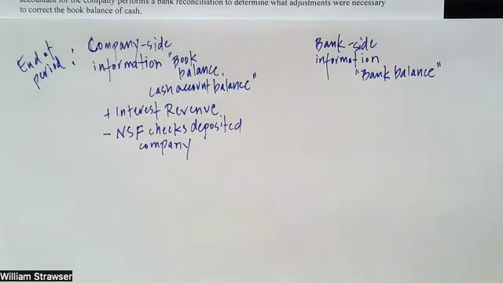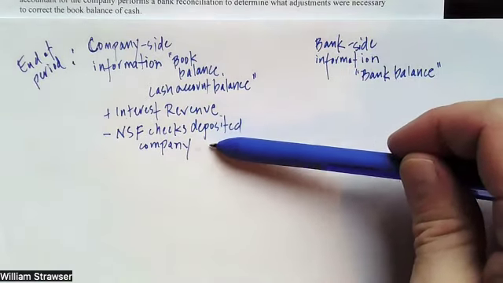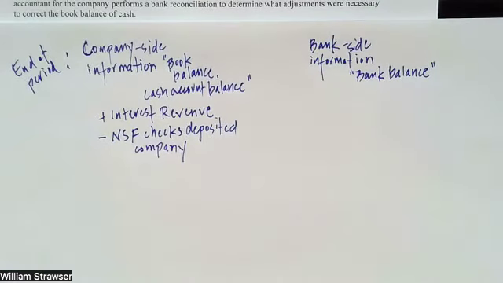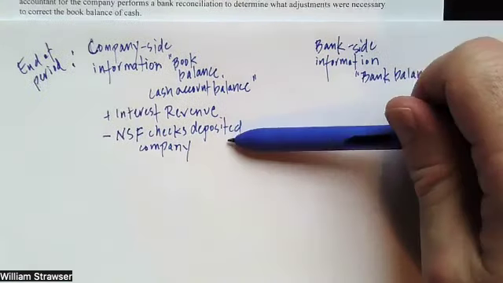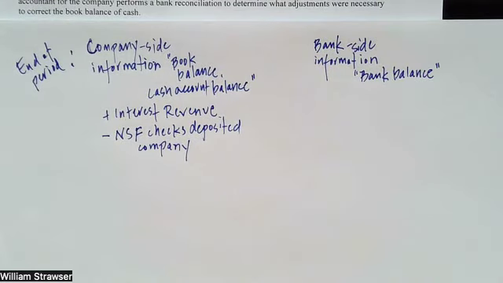The bank contacts the bank of the person who wrote the check, tries to draw on that check writer's balance and can't. Well, then our bank will tell us, hey, this check you deposited written to the company, we can't honor it. There's no money in that person's account. And so that's an NSF check that we have to deal with.